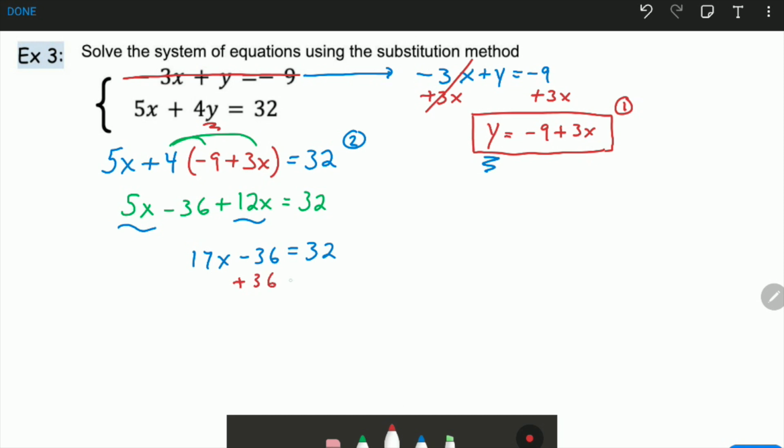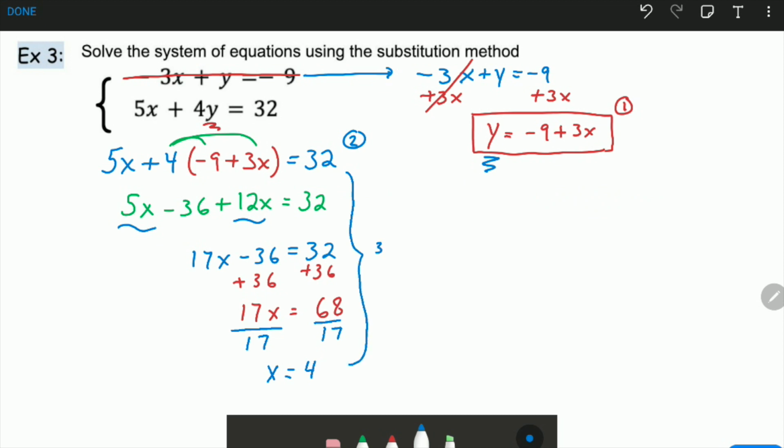Add 36 on both sides. 17x equals 68. Then we divide both sides by 17. And 68 divided by 17 is 4. So again, this whole process here was our third step, just trying to solve the equation that we get.